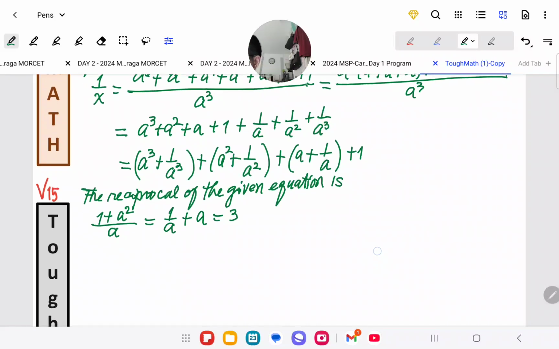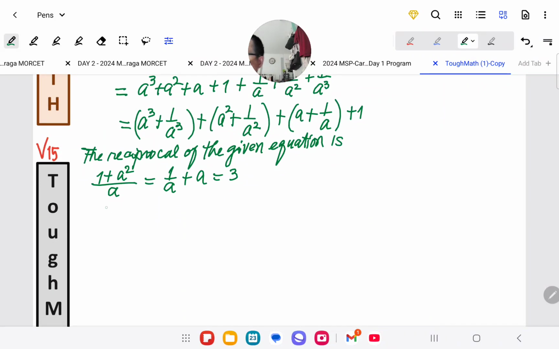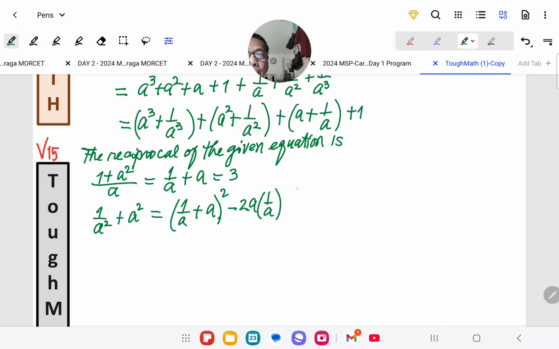And 1 over a squared plus a squared is equal to 1 over a plus a squared minus 2 times a times 1 over a, which is equal to 3 squared minus 2 equals 7.